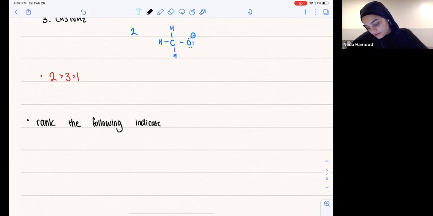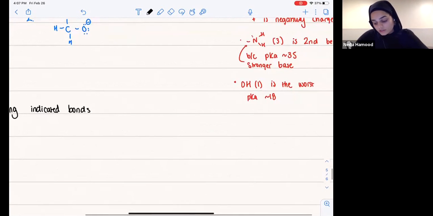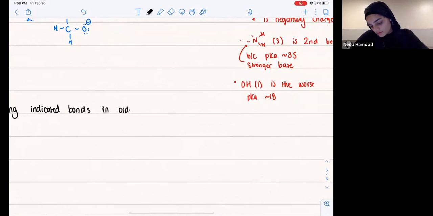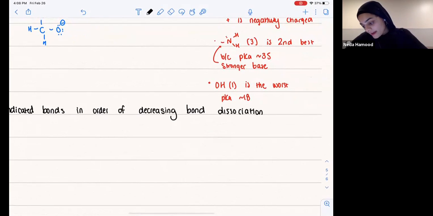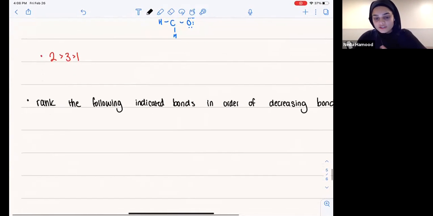indicated bonds in order of decreasing bond dissociation energy. And before you guys freak out and you're like, oh my God, I have to memorize the bond dissociation energies, no, I have a life hack for you guys.